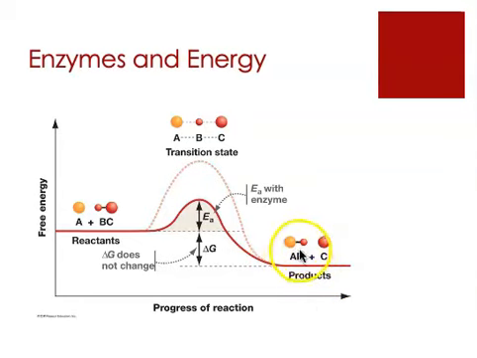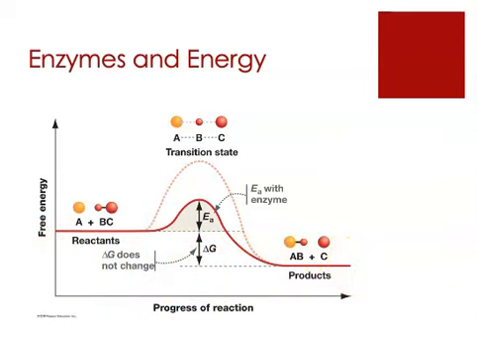You can see a new covalent bond right there, and the newly freed up molecule called C. So if we were to take this line and trace it back over to the y-axis, we are at a lower level of free energy than we started. In other words, from the start with our substrates to the end with our products, some energy has been released.